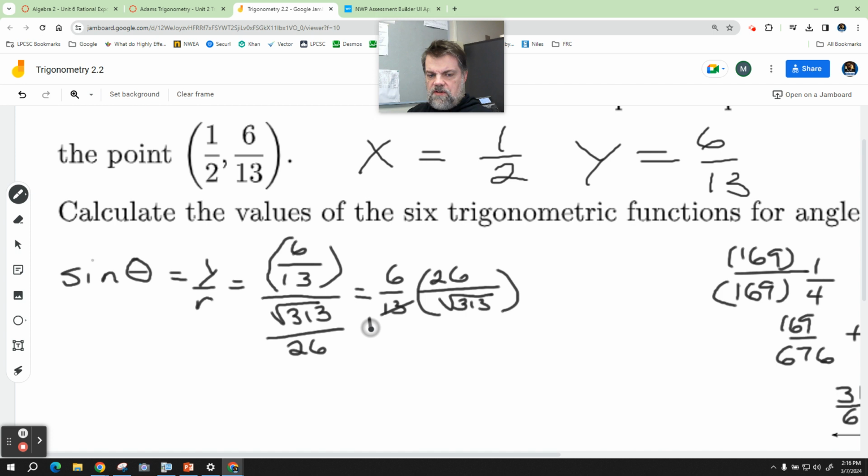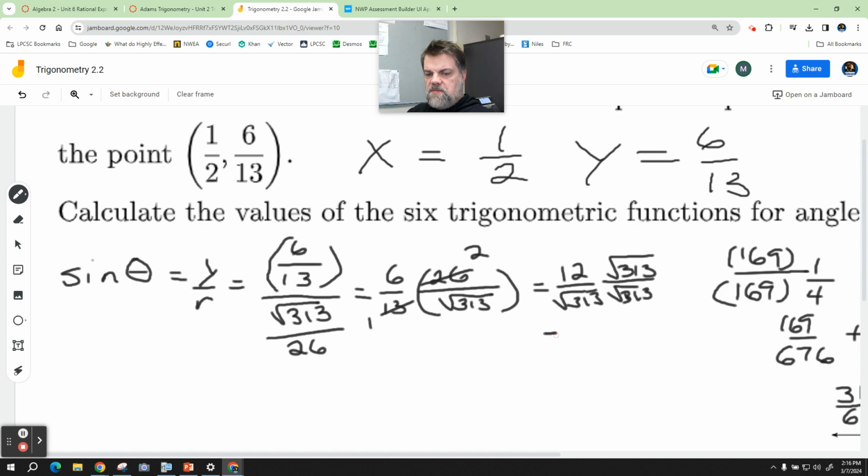13 goes into 13 one time, 13 goes into 26 two times, 2 times 6 is 12, all over the square root of 313. I can't leave a radical in the denominator, so I rationalize the denominator by multiplying root 313 on the top and bottom.